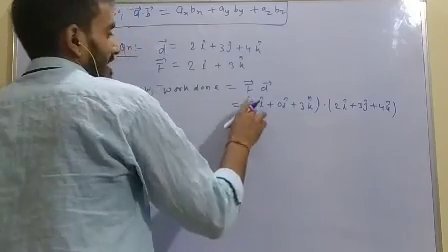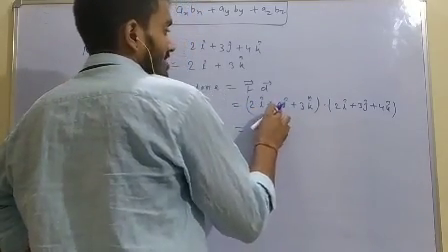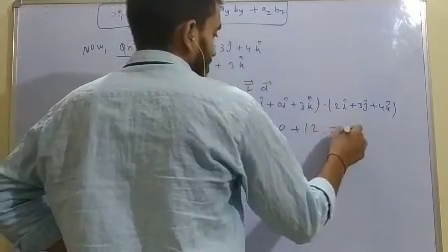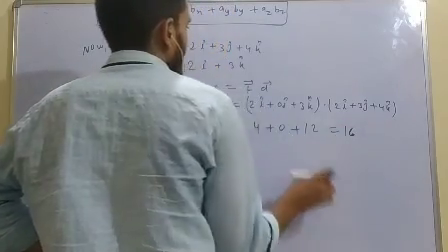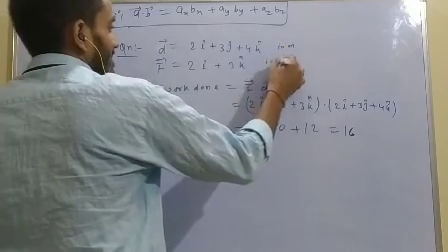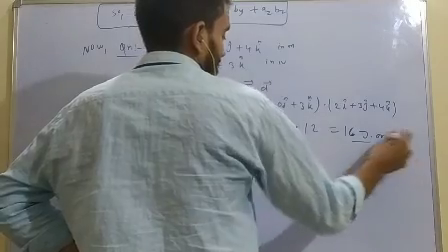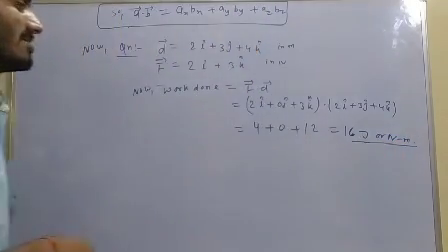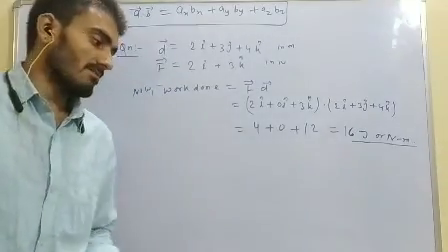Then we multiply x component 2 into 2 is 4, plus 0 into 3 is 0, plus 3 into 4 is 12, equal to 16. If this is in meter and in Newton, then this is in joule or Newton meter. This is simple.